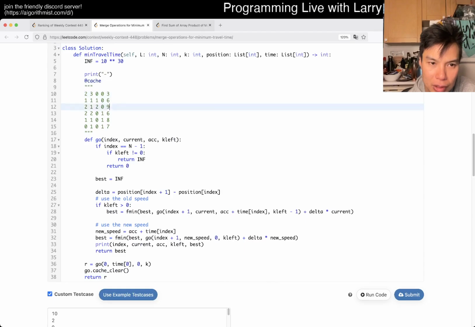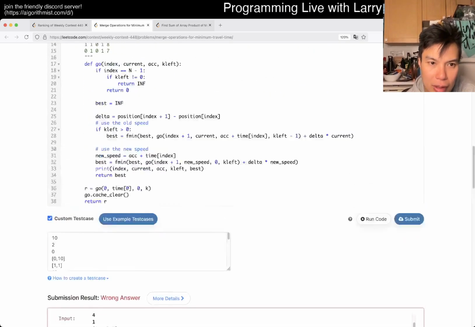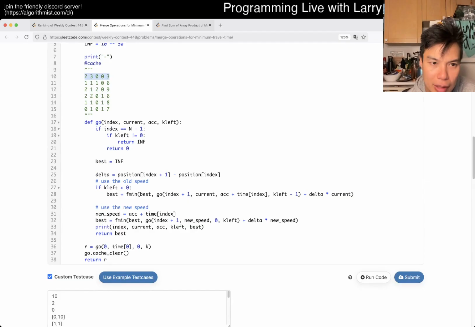Or, well, yeah. New speed should be 3 because of... so this one is right. But how did we get here? Did I miscount? We get here from here. Okay, so index 1.